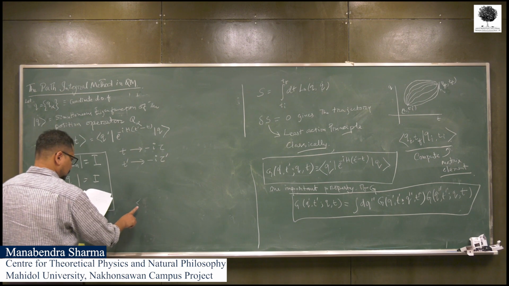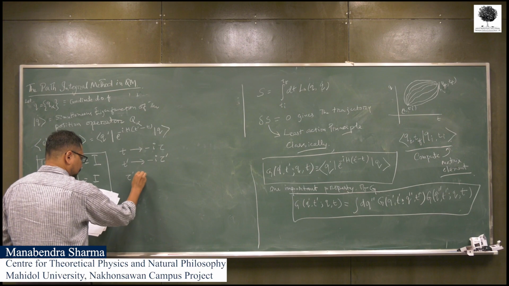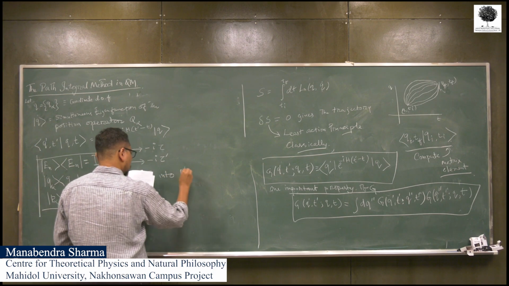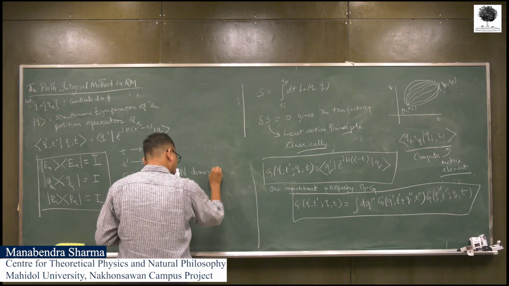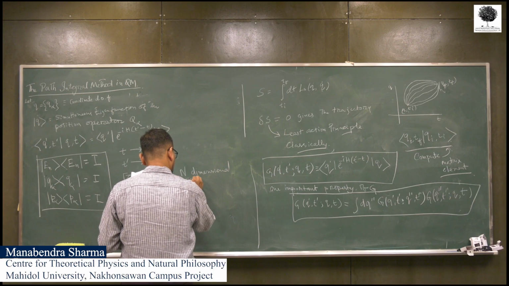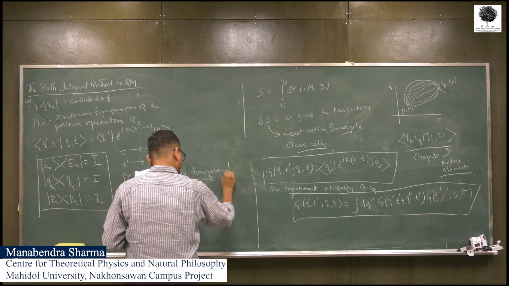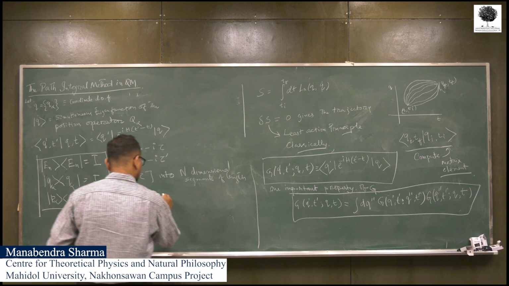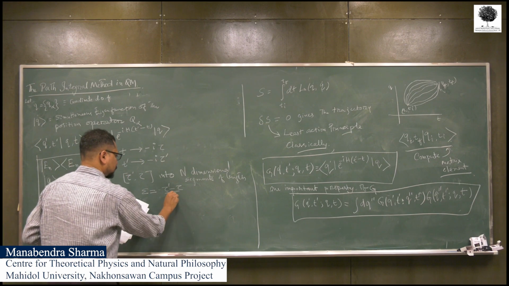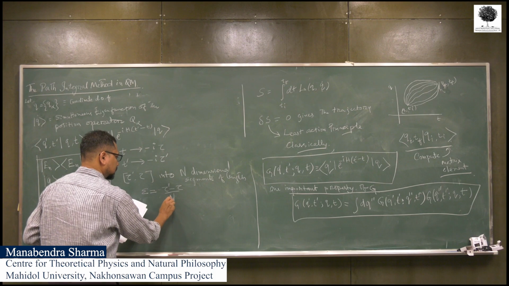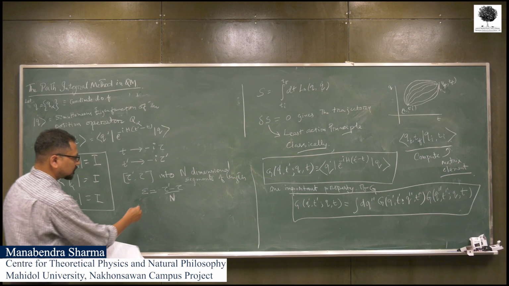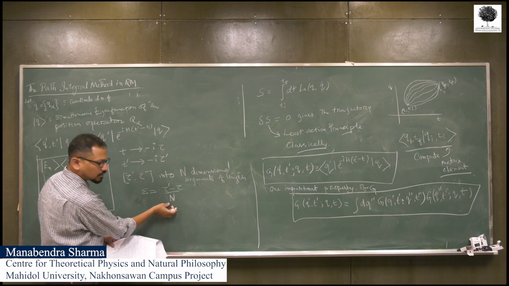What we do is divide this time interval τ′ to τ into N segments, each of length ε, which is given by the total time divided by the number of steps, ε = (τ′ − τ)/N.